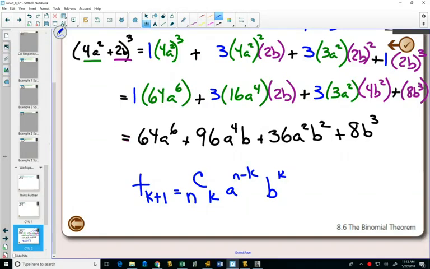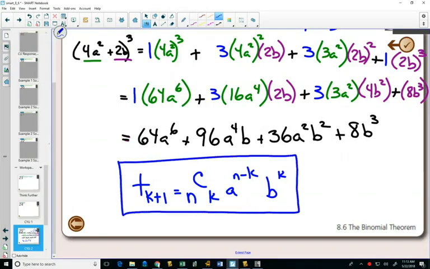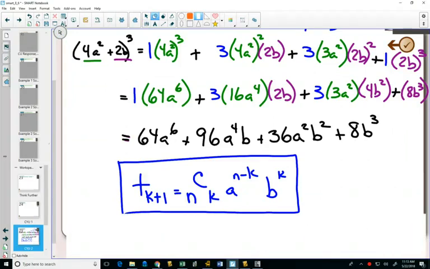So what I have in this blue box here is what's on your formula sheet. What does this mean and how do we use it? Well, the first thing that you need to know is that this finds a specific term when you're expanding a binomial that looks like this.